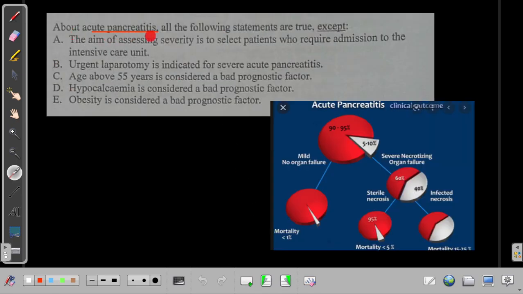About acute pancreatitis, all the following statements are true except: the aim of assessing severity is to select patients who require admission to the ICU. That's true. When you first encounter a case of acute pancreatitis, you should make some assessment to predict if this case is a mild attack or a severe attack, because a severe attack should be admitted to the ICU.